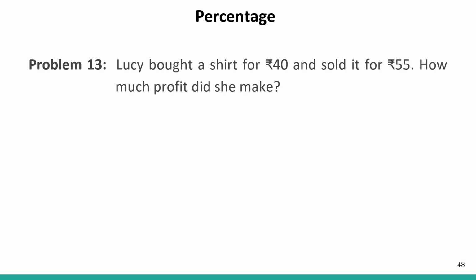So let's see problem number 13. Lucky buys a shirt for 40 rupees and sold it for 55. How much profit did she make? So (55 minus 40) by 40, into 100, is equal to 15 by 40 into 100.